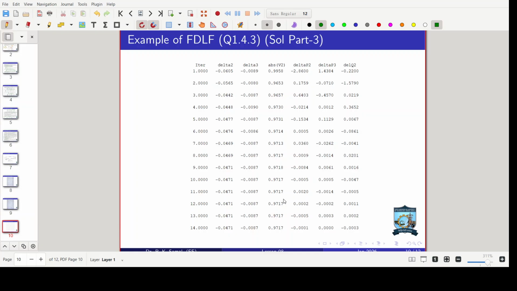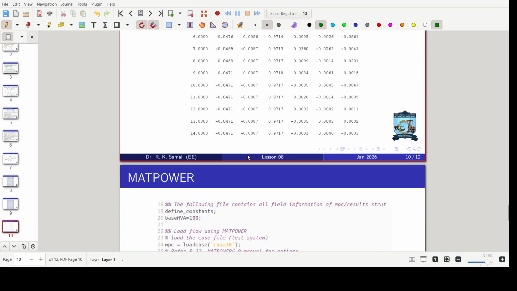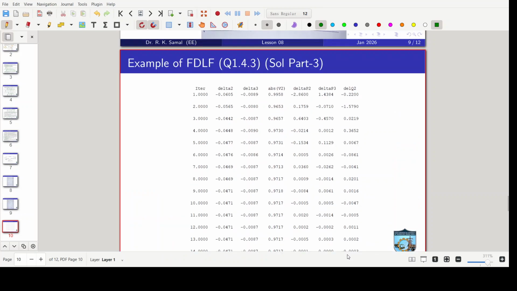We will see that soon. For that you can refer to the code that is provided.